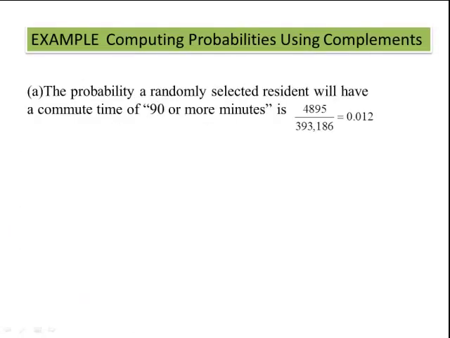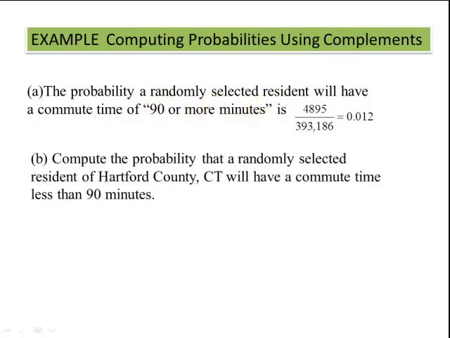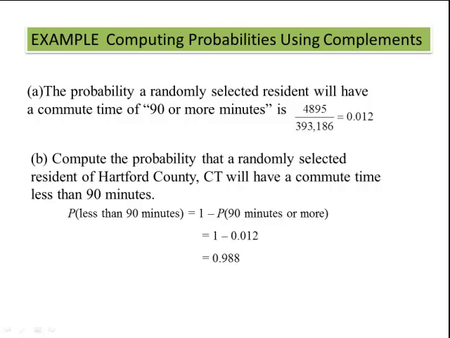Our first step is we have to find the sum total of all the frequencies, and then we divide it by our frequency, 90 or more minutes, and we see that's 0.012. So for B, if we want to find the probability of less than 90 minutes, we can simply use the complement rule, and we take 1 minus our probability here, which is 0.988.